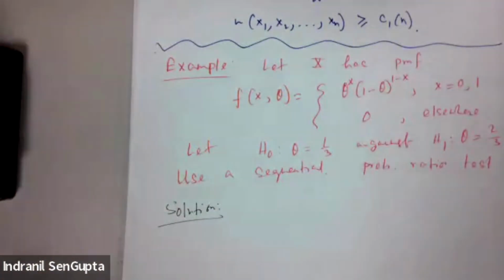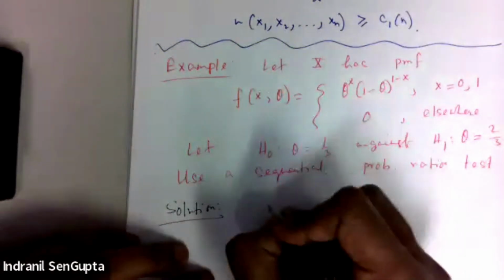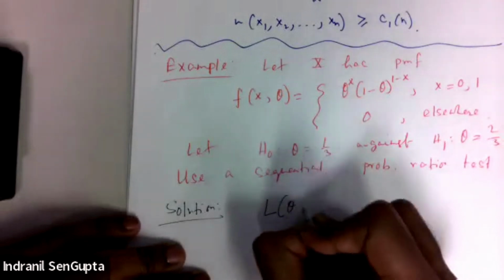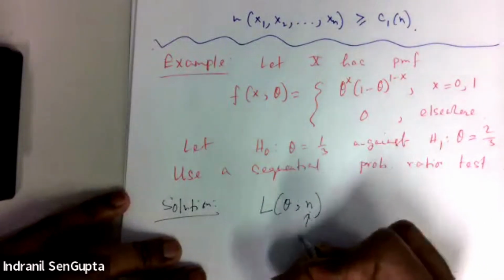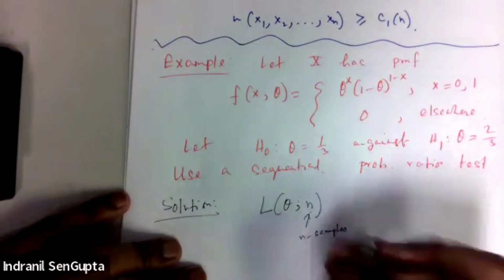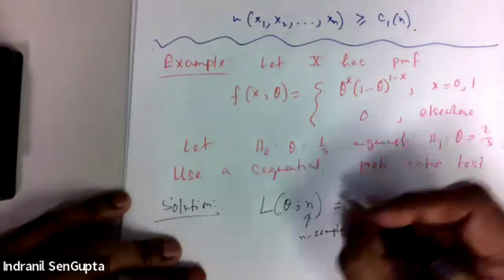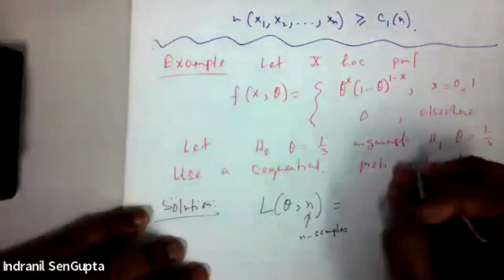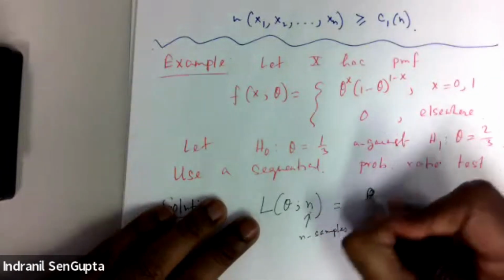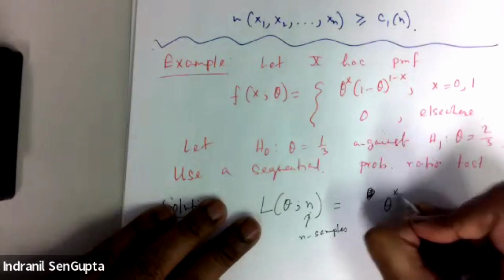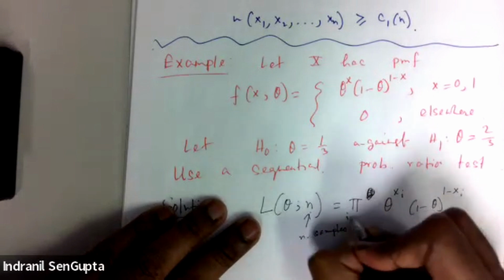Well, for all this, first of all, what do you have to compute? So if I have L of theta n, what does it mean? So it's for first n, so there are n samples, and the unknown is theta, right? So therefore, what is the quantity here? So basically, it's theta to the xi, 1 minus theta to the 1 minus xi, and then we multiply this from i from 1 to n.